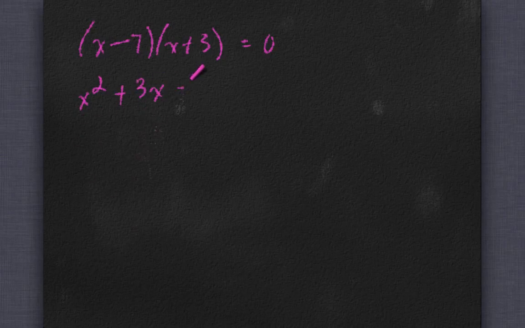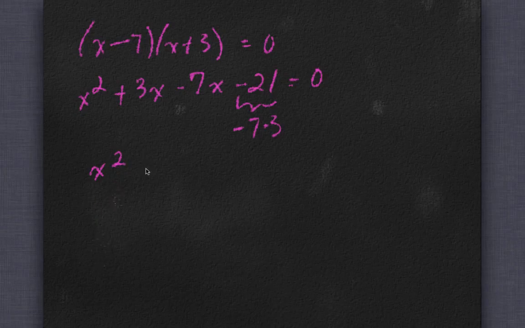So if I distribute, then I have x squared plus 3x minus 7x minus 21 equals 0. So this minus 21 was -7 times 3. Just tuck that in your pocket.